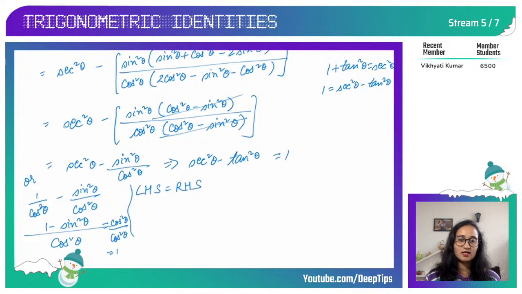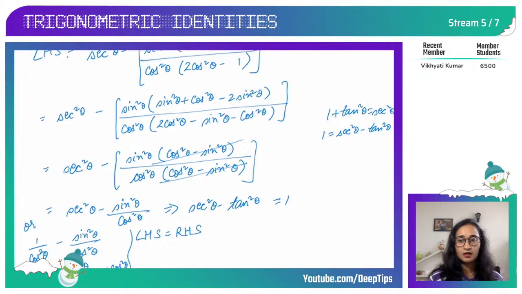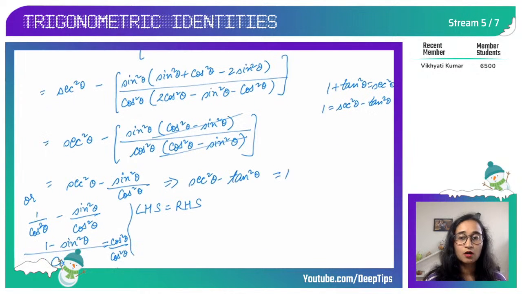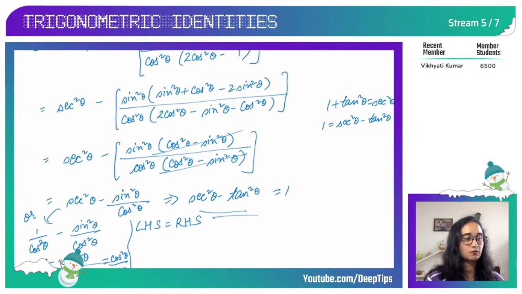So both the ways are correct. This is how we solve this kind of problem. Here RHS was 1, but if RHS is not 1 and it is secant square theta minus tan square theta, then definitely you will get your answer here. Or you can solve it this way also. So both the methods are correct.